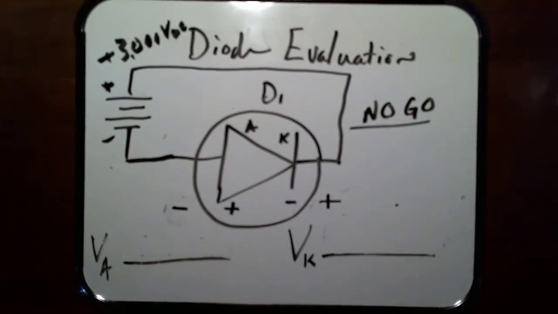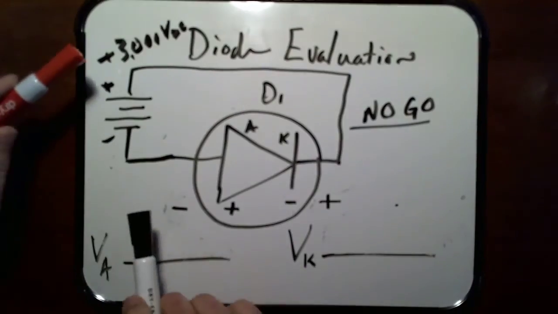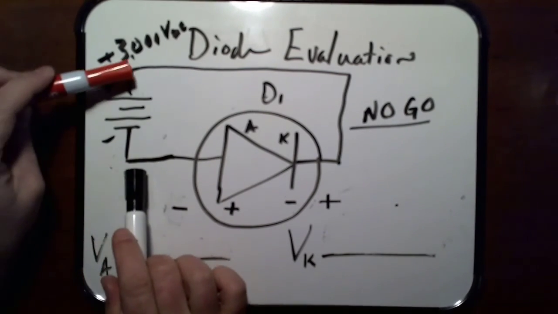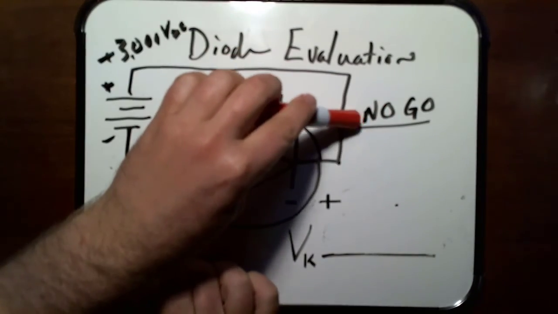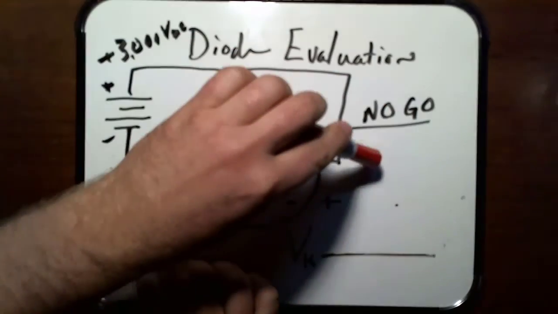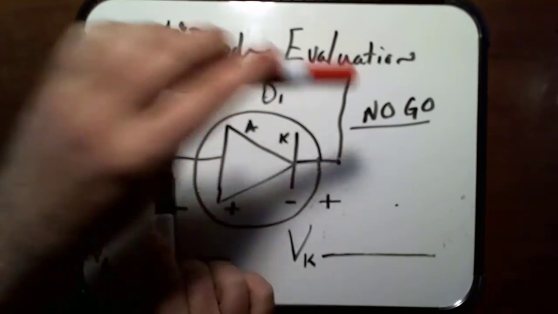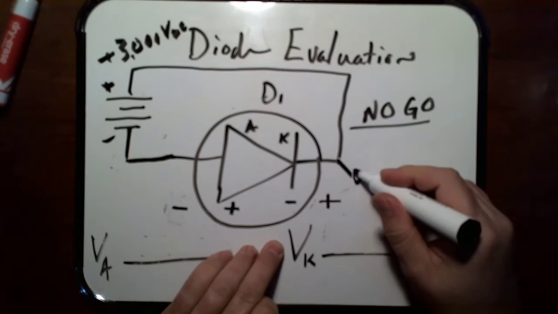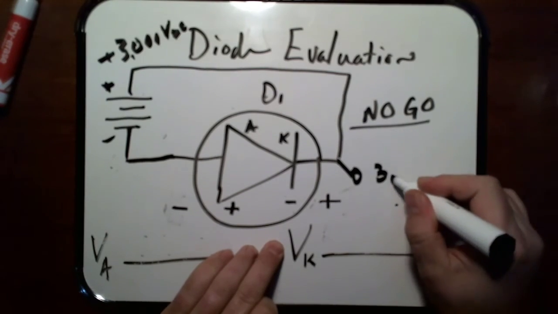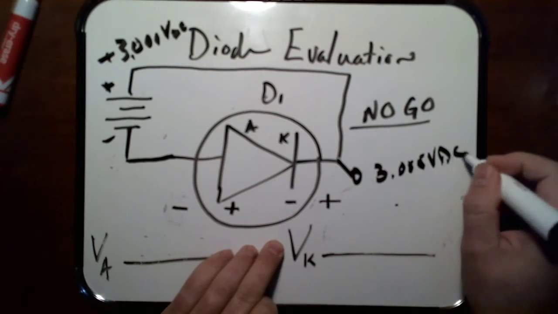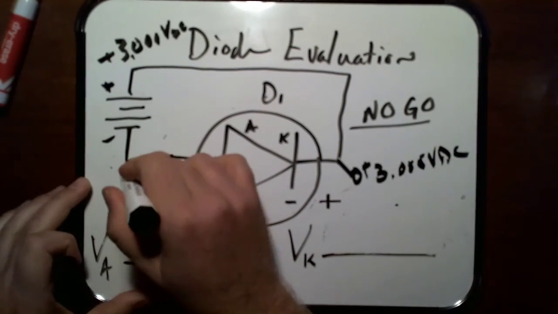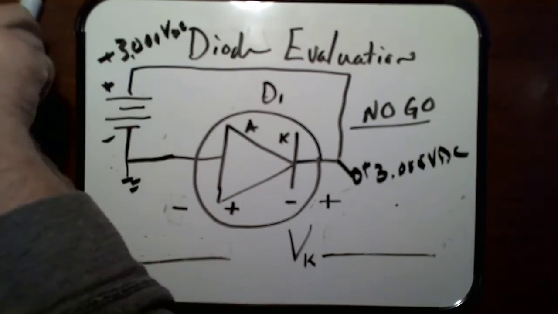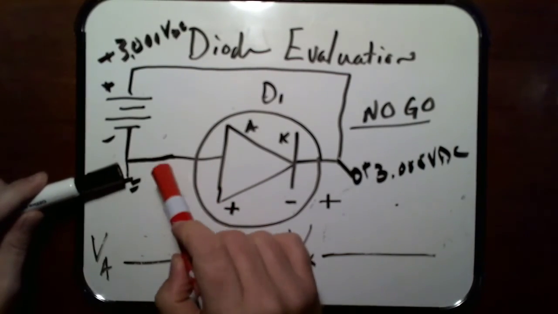What is my voltage at my anode and my cathode? Well, if I take my leads and measure here, I get 3 volts across this battery. So I should have 3 volts across my diode. I create a test point here. I should have 3.0 volts DC plus, and then here's my ground, so I have 0 volts DC here. So it's basically saying, what's my voltage reference right here?